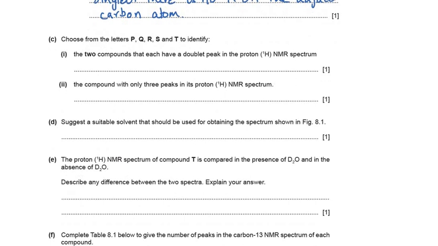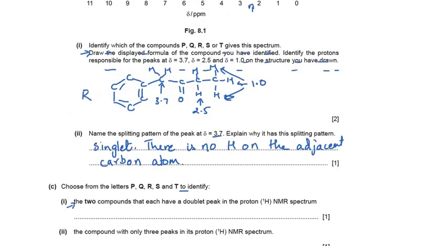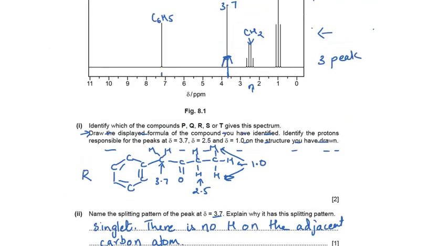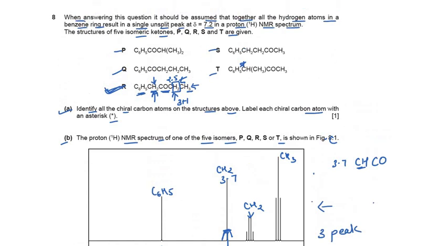Choose from the letters P, Q, R, S and T to identify the 2 compounds that each have a doublet peak in the proton NMR spectrum. Again we need to have a look at the structures where we will have a doublet peak. If we say doublet peak, that shows that there should be a proton which has a single hydrogen atom on the adjacent carbon atom.